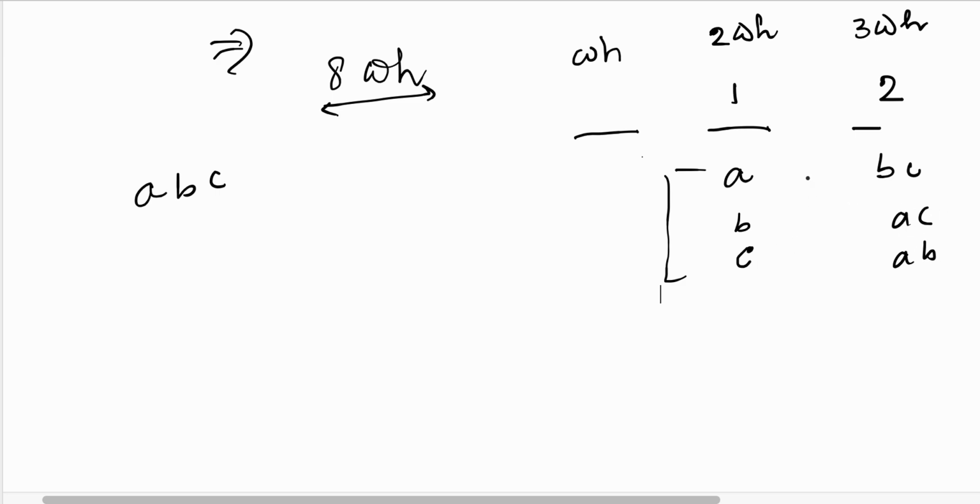Now one can say that if I interchange B and C here, I will get another microstate. No, it is not possible, because if I interchange B and C, they remain the same, because it does not matter where B and C remain. If B and C remain in the energy state 3 omega h, the microstate will remain the same.